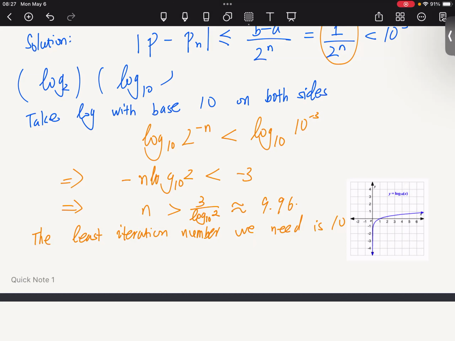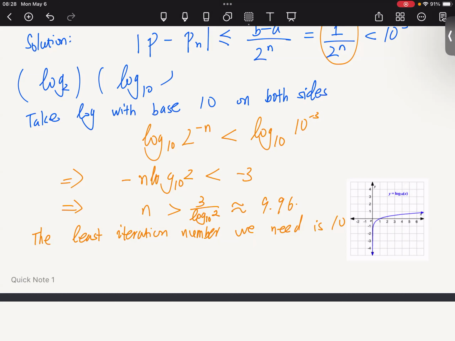If you go back to the logarithm calculation, we can put the negative n in front, with the base 10 and the 2, and this is the negative 3. We change the sign a little bit because we need to divide both sides by the negative logarithm term. If you divide by a negative number, we need to change the sign. This is why we go from the smaller than sign to the greater than sign here.